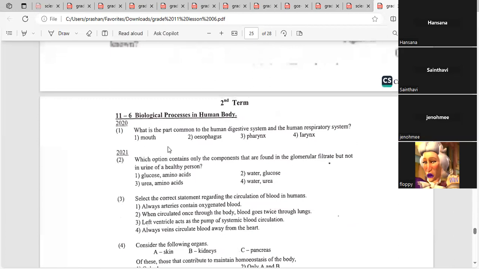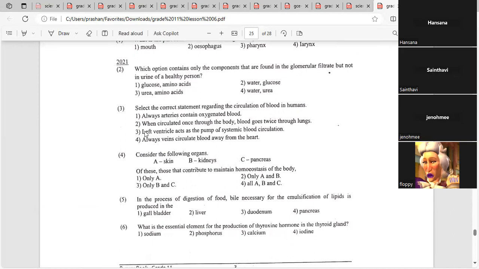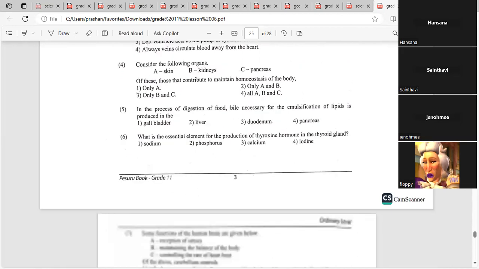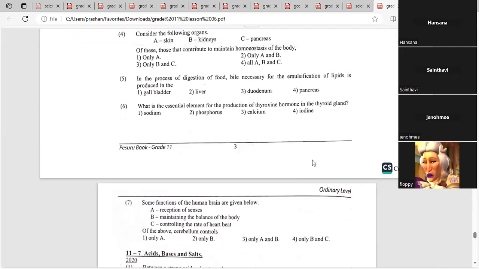In 2019, there are 4 questions. In 2021, there were 6 MCQ questions.